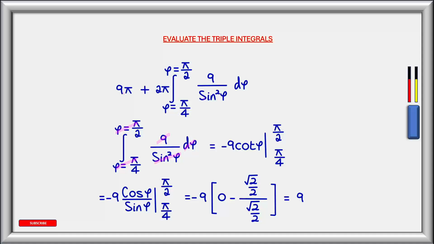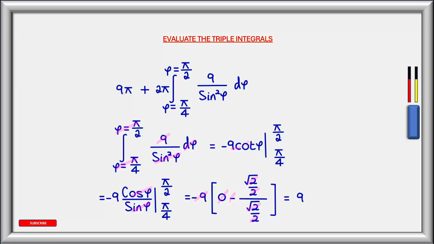This integral evaluates to minus 9 multiplied by the cotangent of phi. Now the cotangent of phi is the same as cos phi divided by sine phi. So if we use this and plug in the limits of integration, we have minus 9 into the bracket of 0 minus the square root of 2 over 2 divided by the square root of 2 over 2.